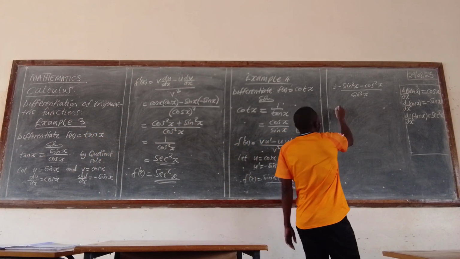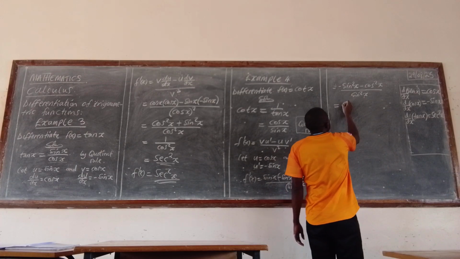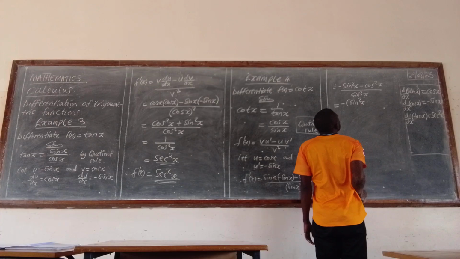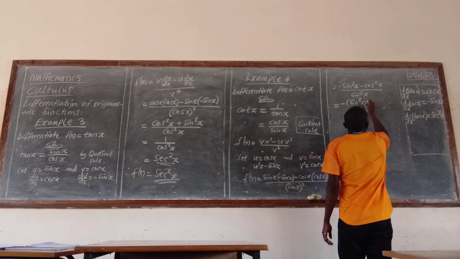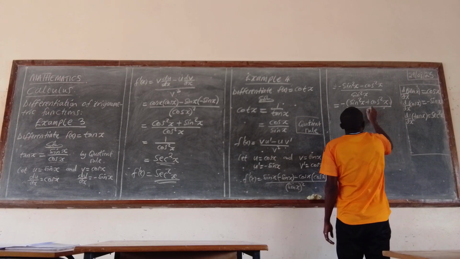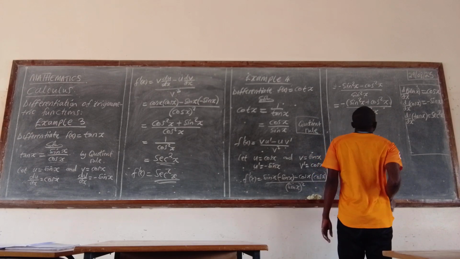So from here, we factor out the negative. We're going to say minus, we have sin squared x plus cos squared x divided by sin squared x.